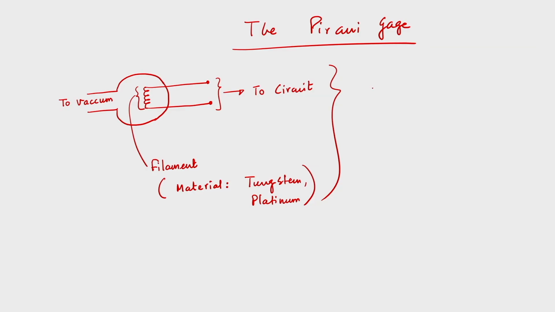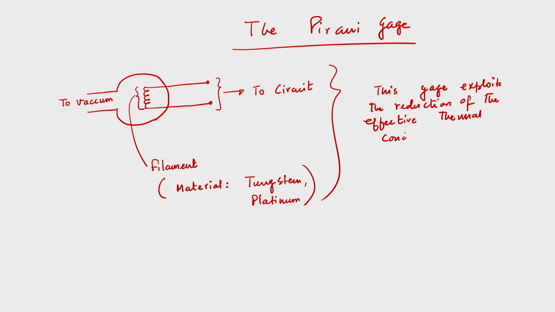So I can write that this gauge exploits the reduction of the effective thermal conductivity of gas or gases with pressure, in particular in the low pressure regime.